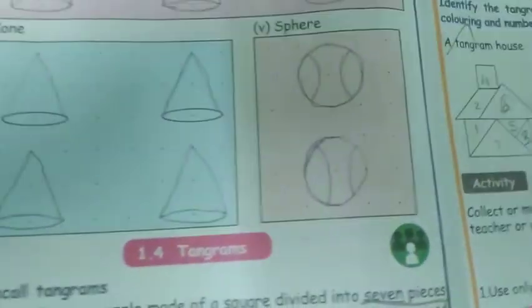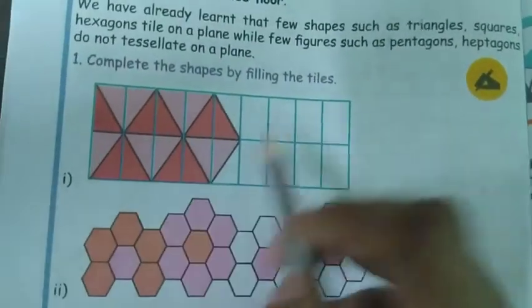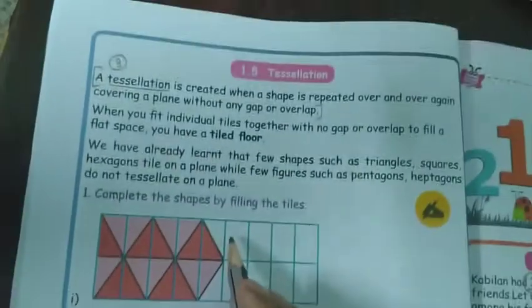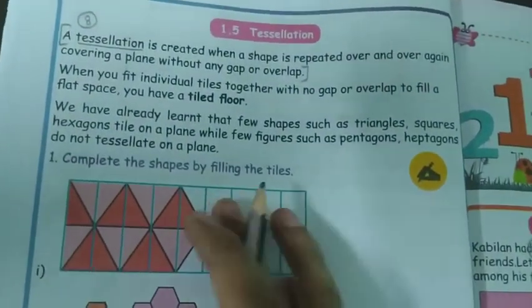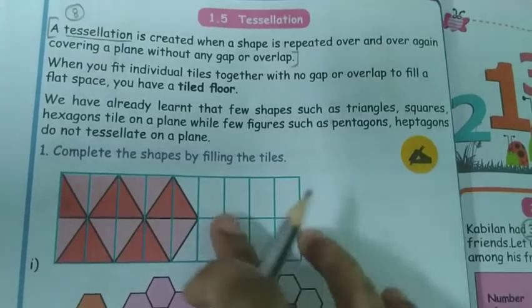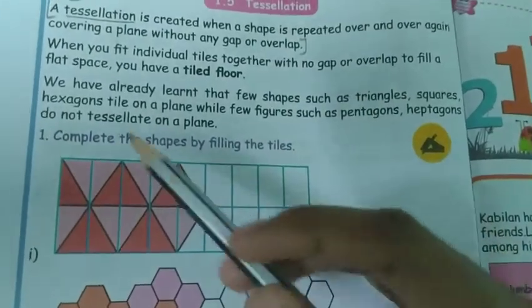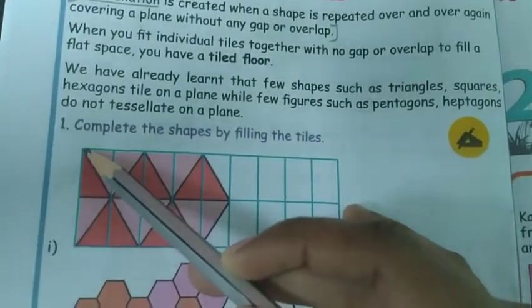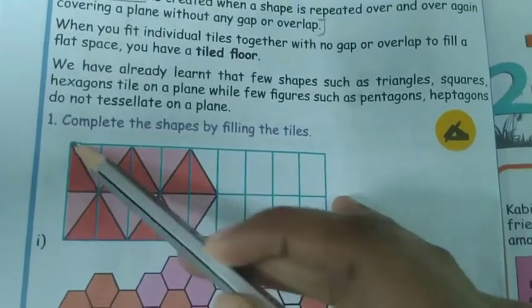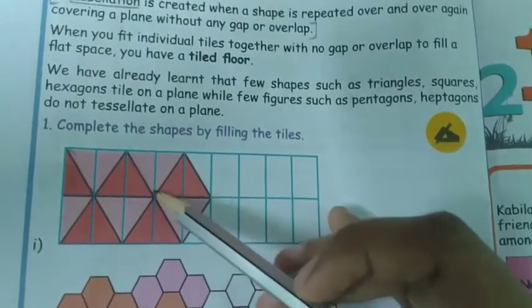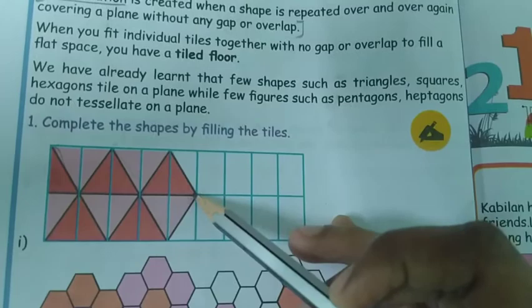Okay. The next one is, we'll complete the shapes by filling the tiles. Here they are giving some tiles, but the right side is incomplete. Now we want to fill the shapes. First look at the first box. Down line, up, down, next what?